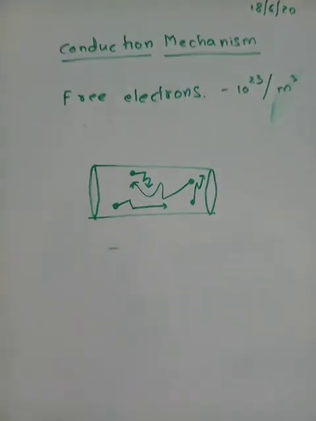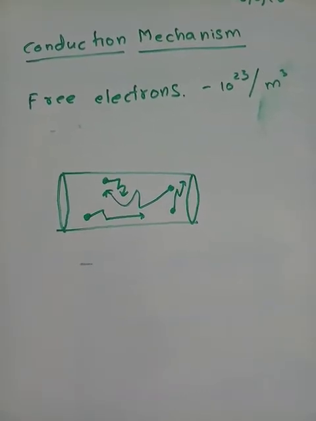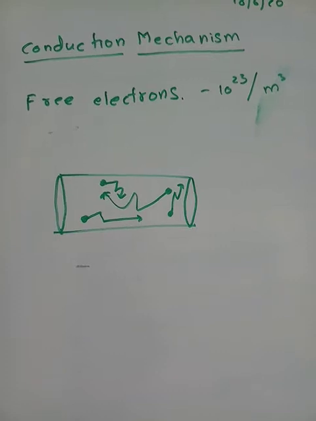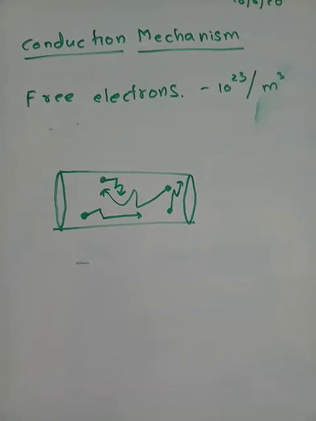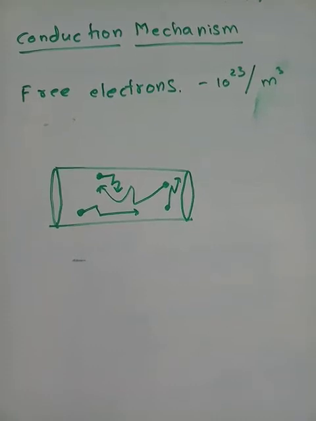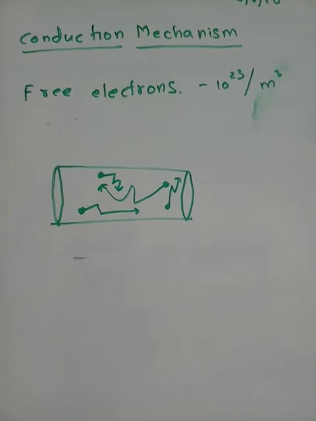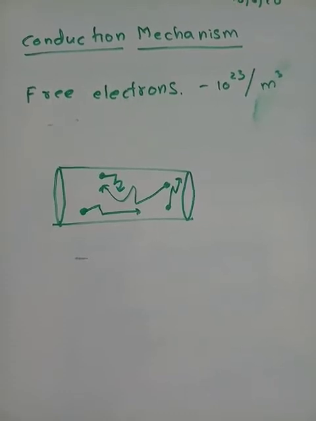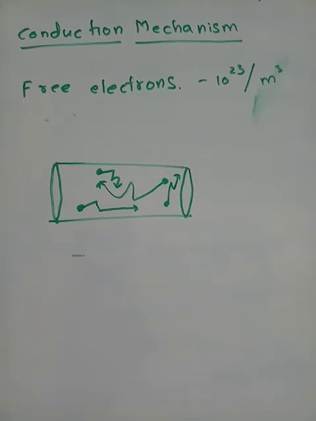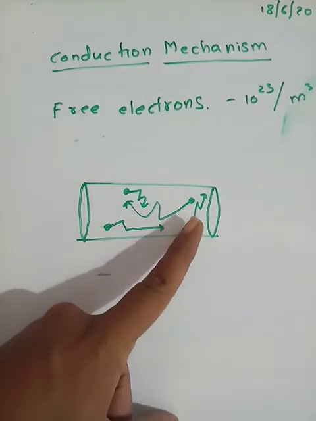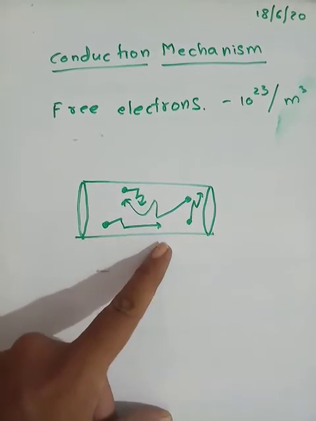So now the question arises: if so many electrons are moving inside a conductor, and if I put an ammeter across it, because the electrons are moving, current has to be there. So is there any current due to the random motion of these free electrons? The answer is no, there is no current due to the movement of free electrons. And why is it so? Because as many electrons are going from right to left, so many will be going from left to right.